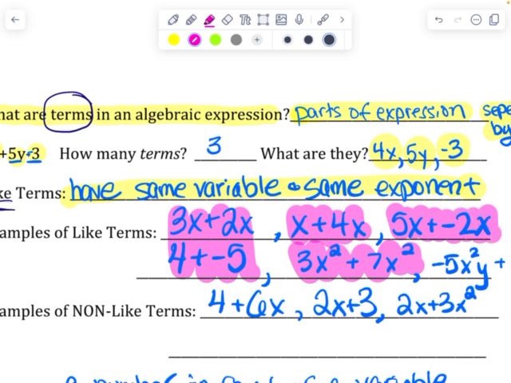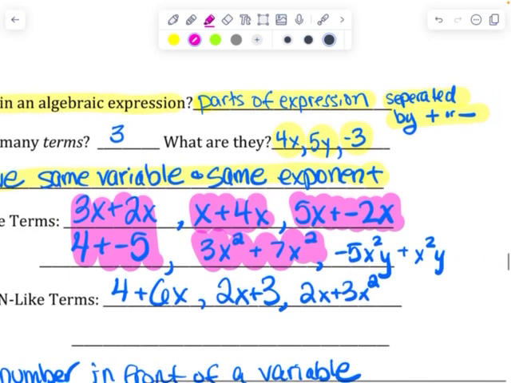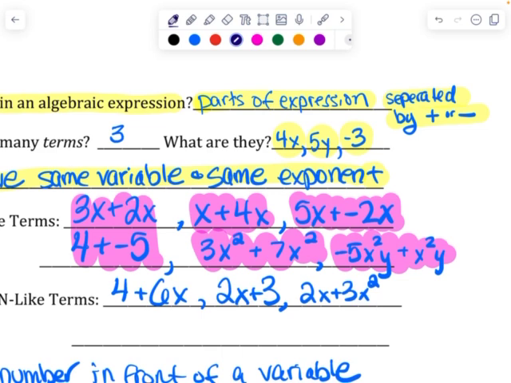They both have x to the first power. These are all pairs of like terms. So 3x plus 2x, 4 and -5, x plus 4x, and so on. Those are all like terms.